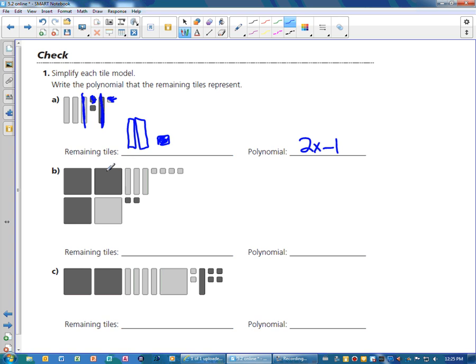Okay, and B, which ones are going to cancel? Let's cancel this one with this one. I have none of these dark ones to cancel these light ones, so that's gone. But I can cancel 2 of these dark ones with, let's say, 2 of these light ones. So I'm left with 2 big ones that are dark.